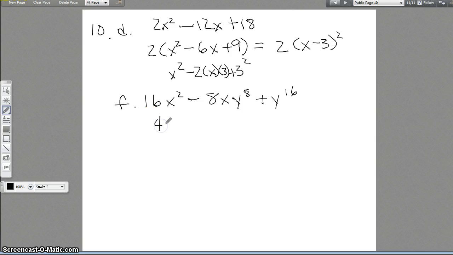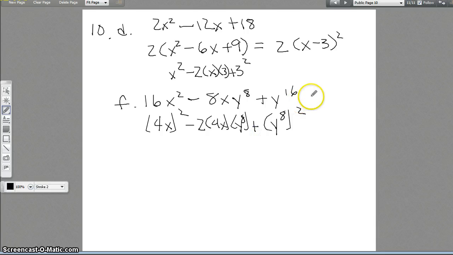So our first number we can write as 4x squared. Our last one we can write as y to the 8th squared. And then our middle is double our first term times our last term.